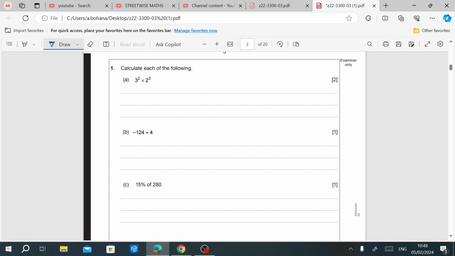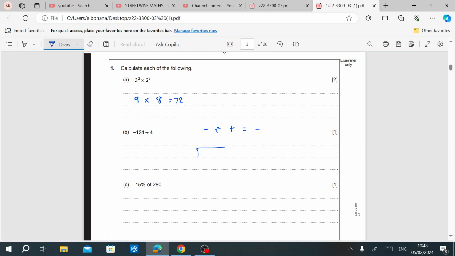Right, first question, 3 squared times 2 cubed. 3 squared is 9. And then, of course, 2 cubed is going to be 8. So the answer is 72. Minus 124 divided by 4. So a negative divided by a positive is going to be a negative answer.